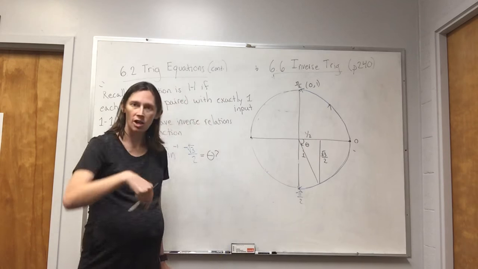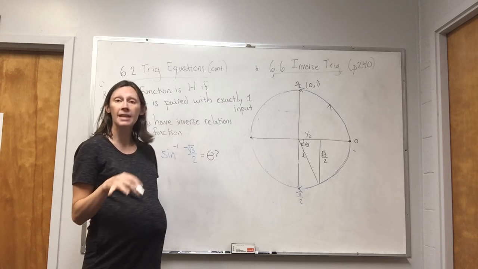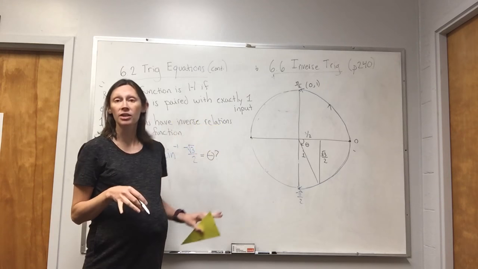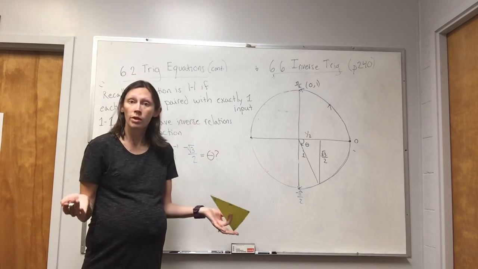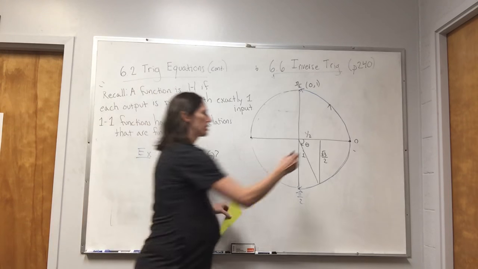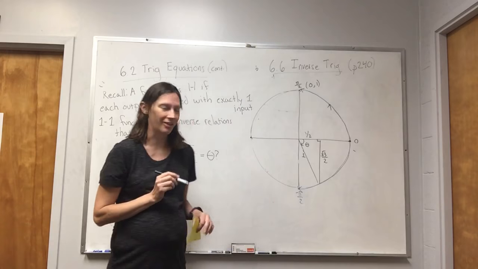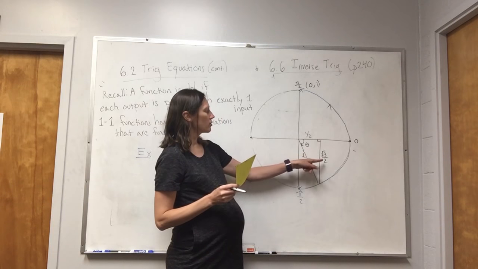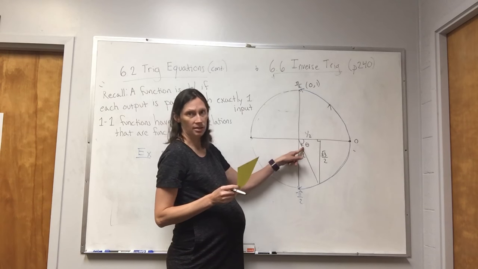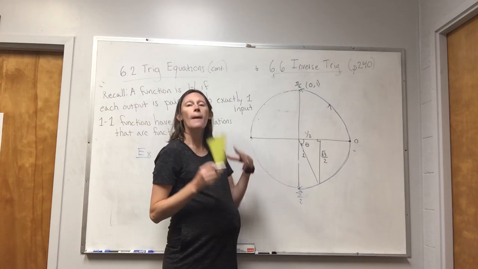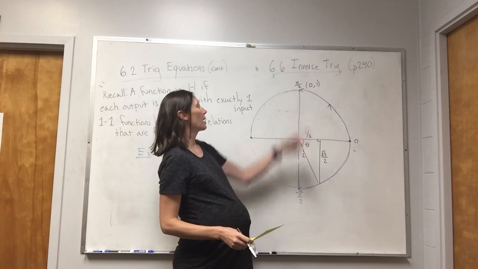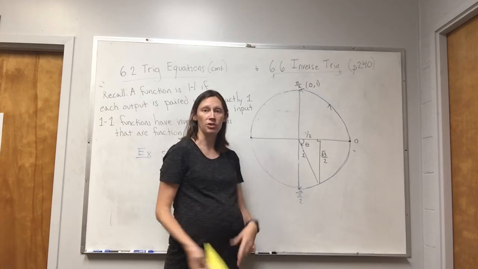Okay, notice it's clockwise formed, so it's going to be a negative angle, and it came from the 30, 60, 90 triangle. So is it the 30 degree or the 60 degree? It's not the 90 degree, that's over there, okay? Well, across from root 3 over 2 is always the 60 degree angle, always. But I can't answer in degrees because I'm supposed to be between pi over 2 and negative pi over 2.